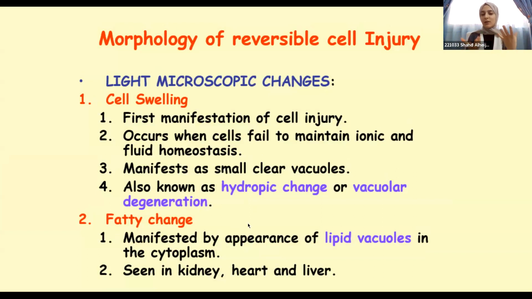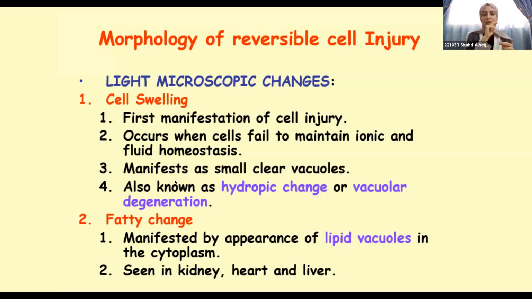For example, we have the Na-K ATPase channel, which moves sodium into the cell and potassium out of the cell, and the water follows this ion movement. If you don't have ATP in the cell due to the cell injury, this affects the channel, so the ion movement and the water movement are affected. This causes cell swelling, also known as hydropic changes.